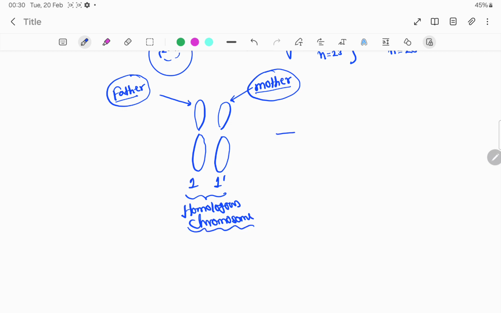Now, in that homologous chromosome, as I have told, what is present in chromosome? Gene is present. Now, suppose in that chromosome there is a height determining gene.